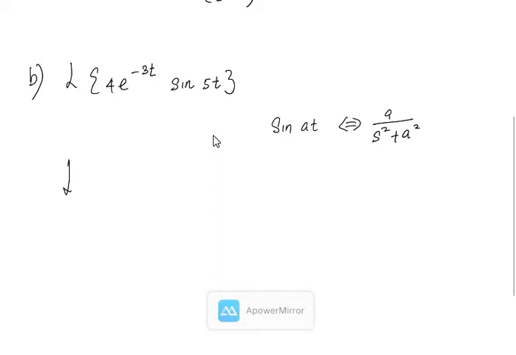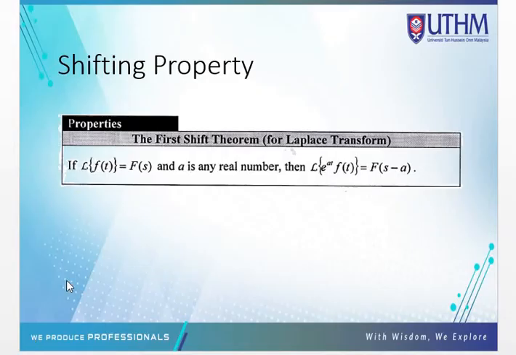So the Laplace transform of sine 5t, you will get 5 over s squared plus 5 squared. And we still have the exponent negative 3t. We refer to the shifting property here, exponent at f(t) gives F(s minus a).